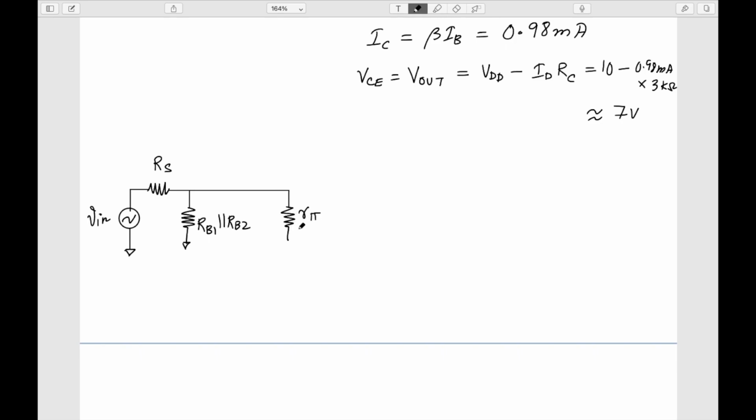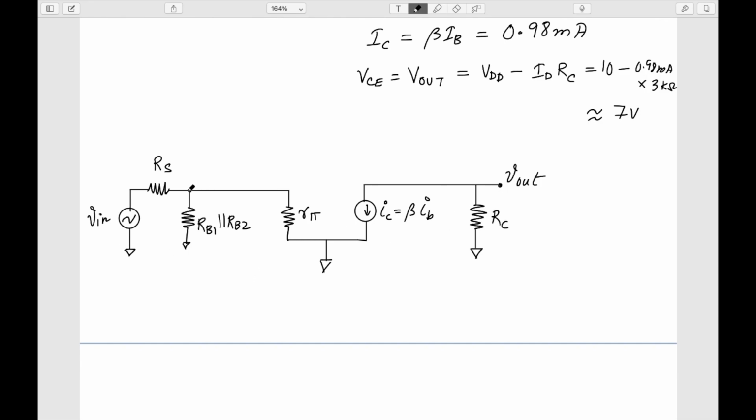This is R pi, and the emitter is grounded. And I have here my current dependent current source, IC equal to beta times IB. And I have my RC here, and this is V out. I am supposed to find the ratio of V out by V in.